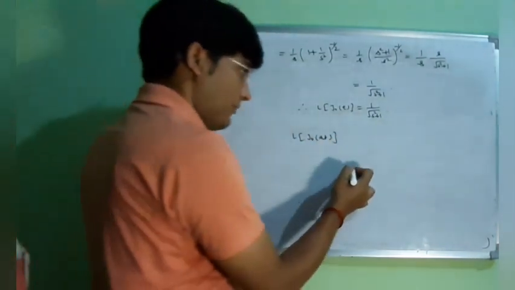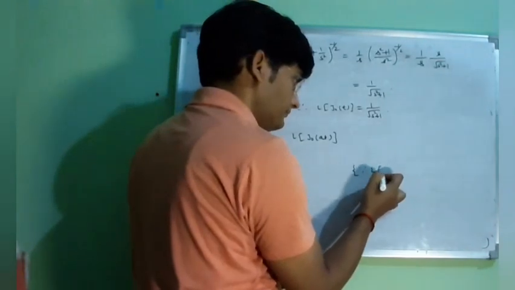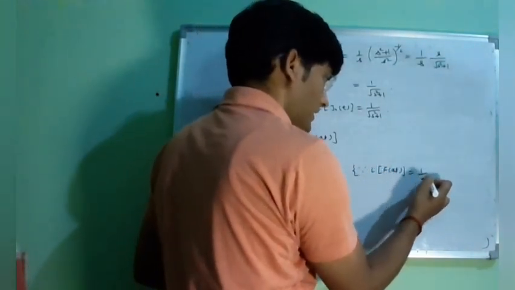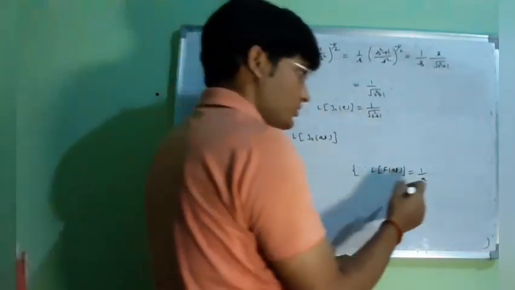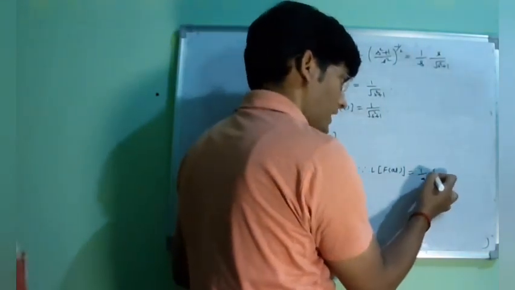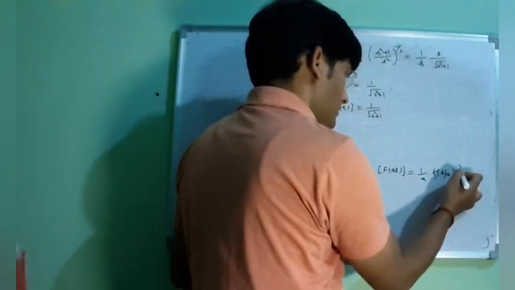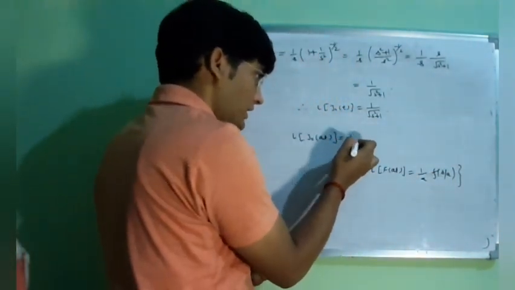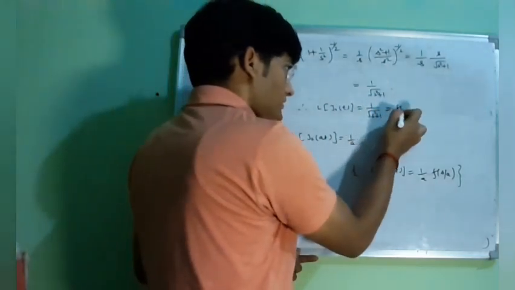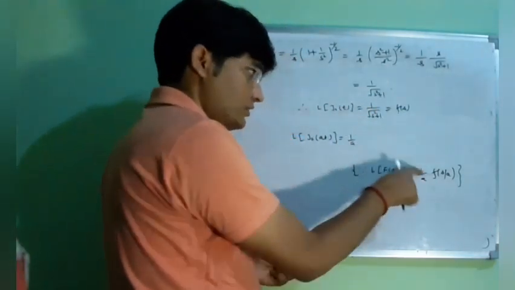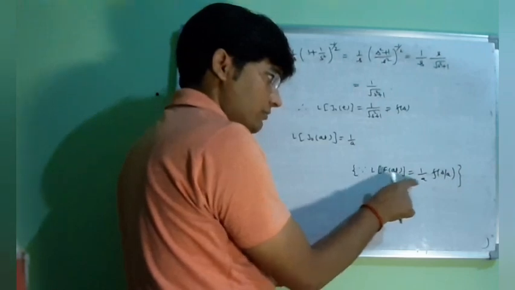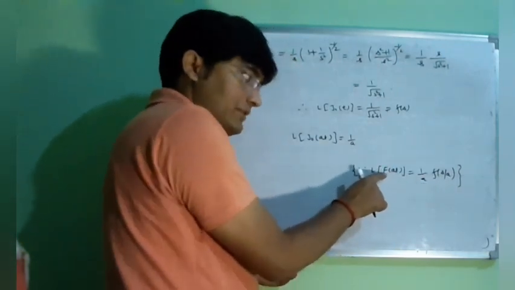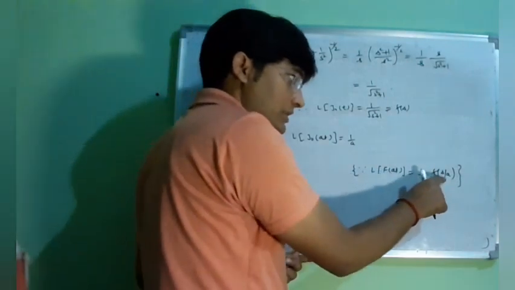We know that the Laplace of f(at), I have already given this formula in my first lecture, was 1 by a into F(s by a). So the Laplace of J0(at) will be 1 by a into the Laplace of f(t), where s will be replaced by s by a.